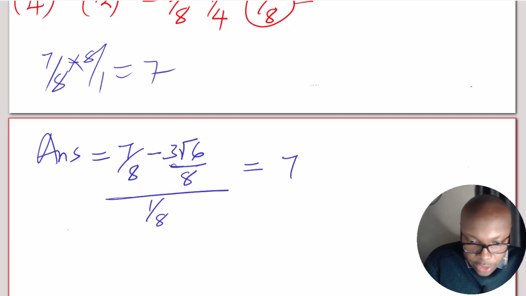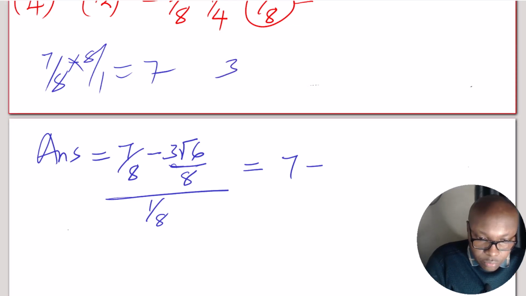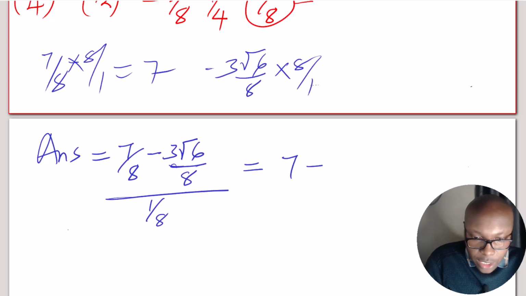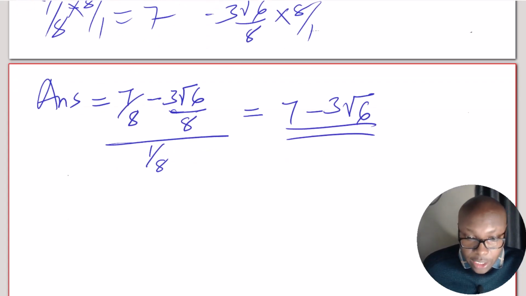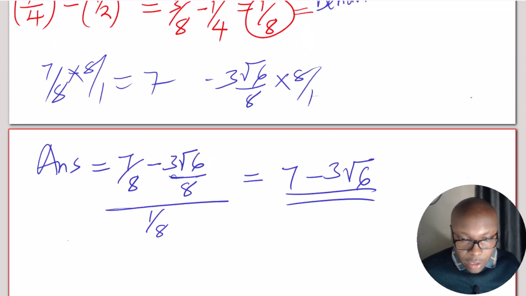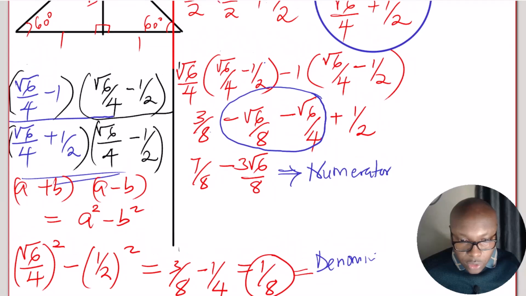Then subtract negative 3 root 6 divided by 8, divided by 1/8, so it is 8/1, and that will be 3 root 6. So you can see that everything simplifies to 7 subtract 3 root of 6, and that is how you're supposed to solve that question.